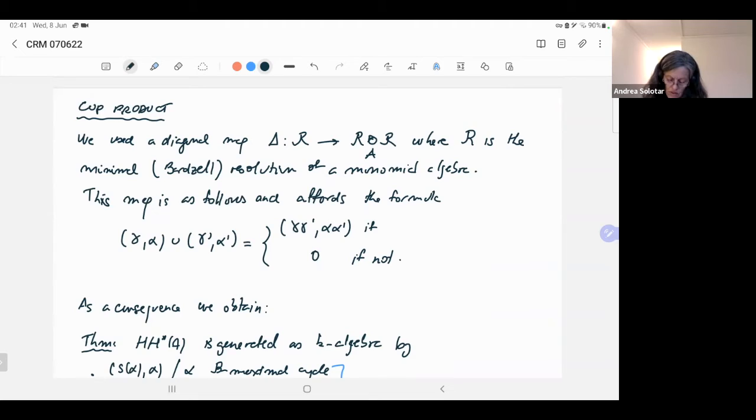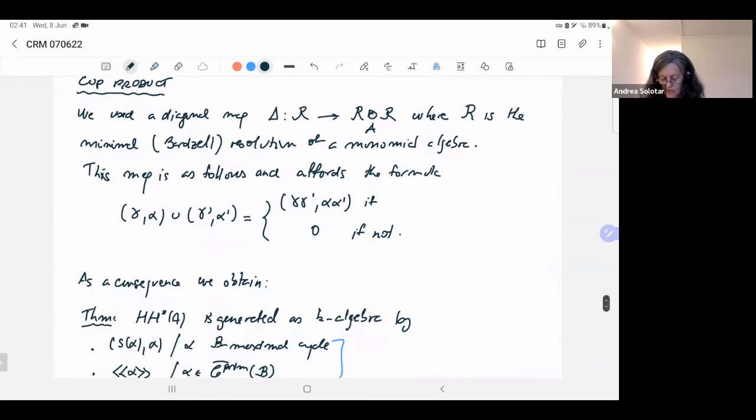And the formula is quite easy using this diagonal, because if we have a pair gamma parallel to alpha, and we do the cup product with gamma prime parallel to alpha prime, both of them in the basis of the cohomology, then either we just compose, if for example the terminus of gamma prime is the source of gamma, and there is a relation continuing them. And we also compose alpha and alpha prime, which are parallel.